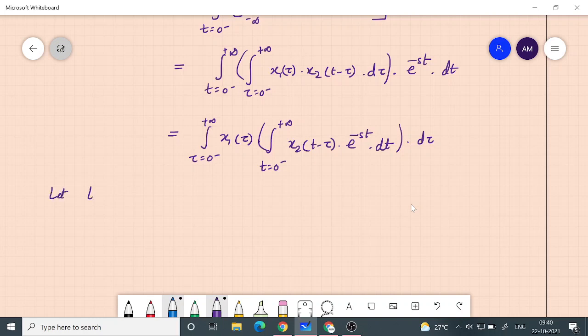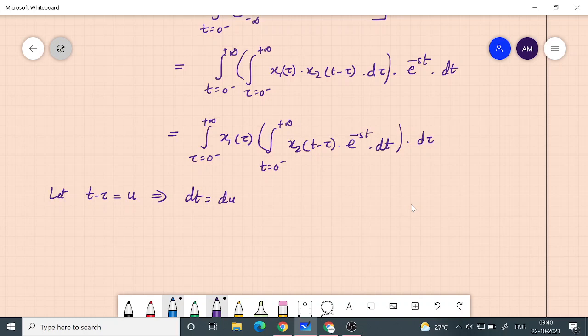Let t minus tau equal u. Then dt is going to be equal to du, because with respect to the t integration, t is the integration variable and tau is a constant. So dt is du, because that is a new variable.